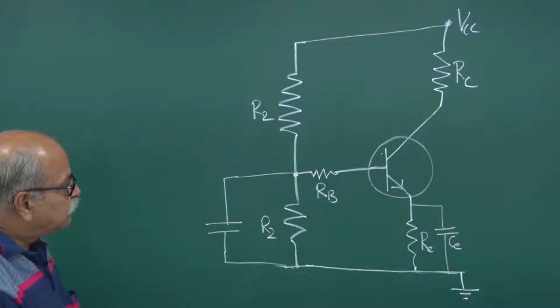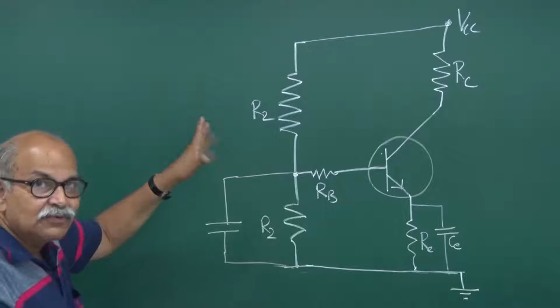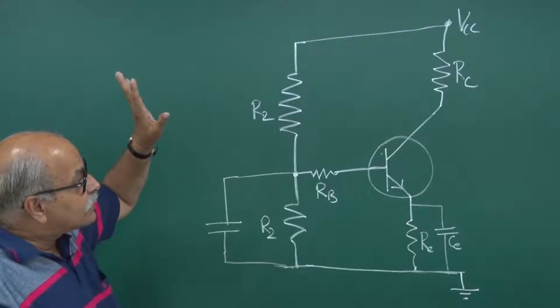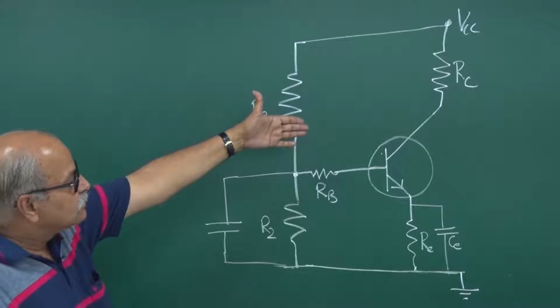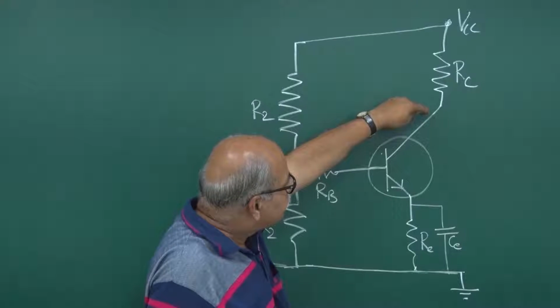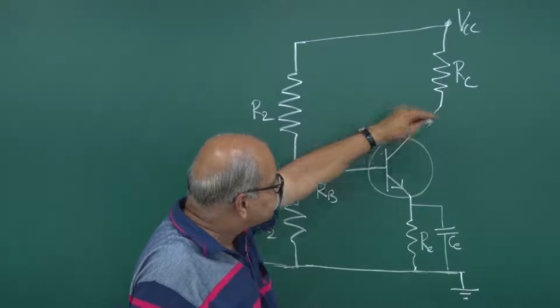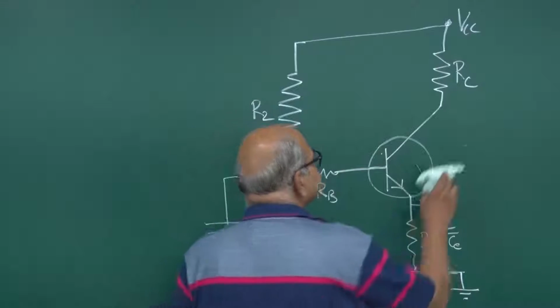Now for putting that tuned circuit, where do I put the tuned circuit? So it is the collector, it is tuned collector. So this circuit, this tuning part, that oscillating part will be in this portion. So the circuit will be modified a little bit.